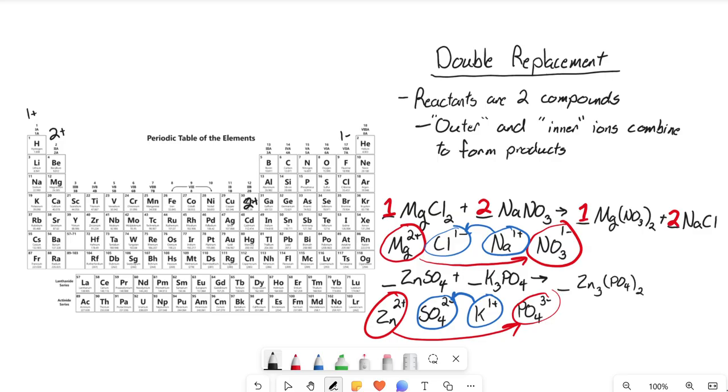That's our outer ions coming together. And then our inner ions here form the other, potassium and sulfate, K2SO4. Now, there are a lot of moving parts to this one as well, but predicting the products for this one is also somewhat deceptively easy.